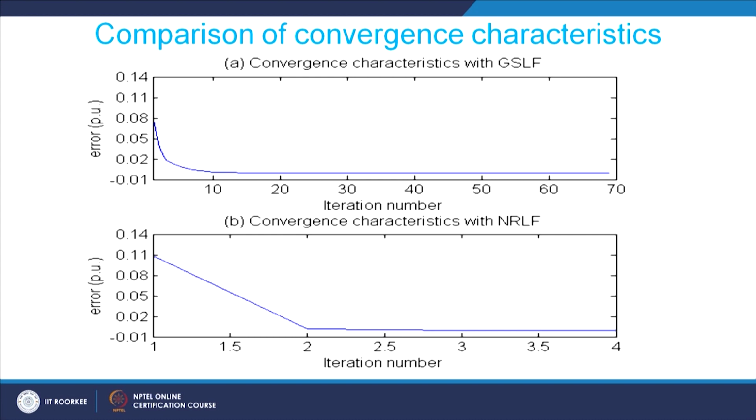Now, please remember, we have taken the threshold value as 10 to the power minus 12 for GSLF, and for NRLF also we have taken 10 to the power minus 12. So GSLF takes 69 iterations and NRLF takes 4 iterations. NRLF takes much fewer iterations as compared to GSLF.